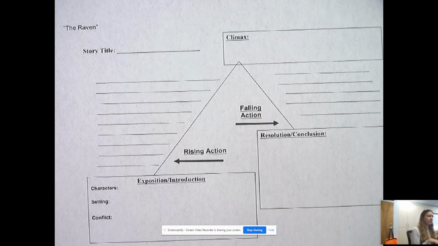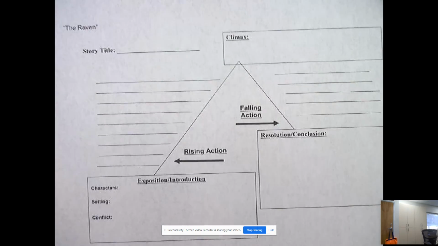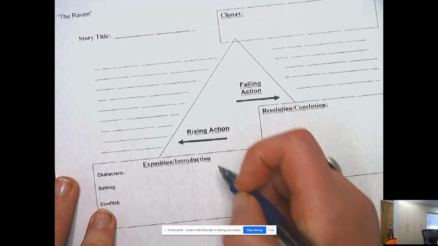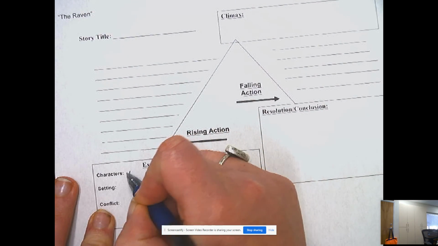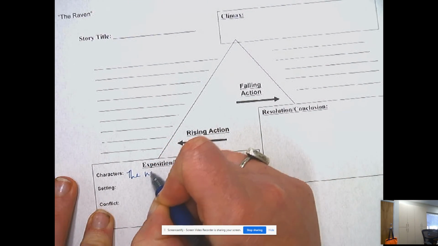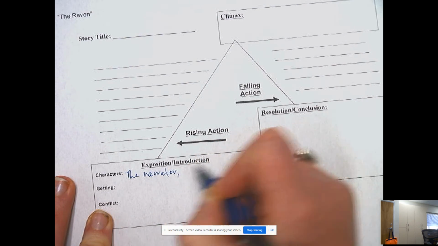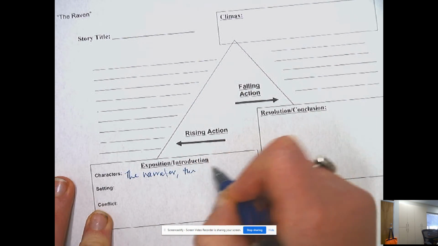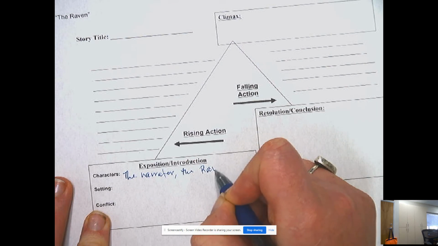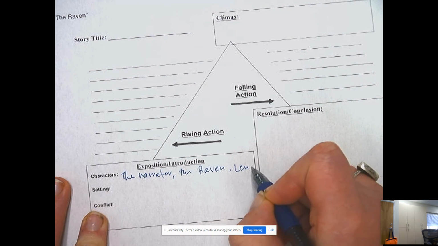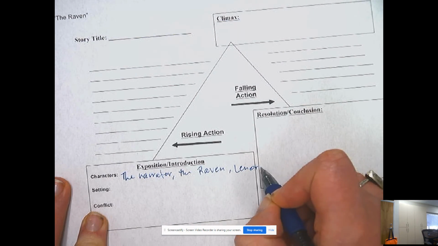There we go. Okay. The first thing that I want to start with is the characters in the exposition. So our characters in the Raven are the narrator, the Raven, and Lenore, if we want to count her.